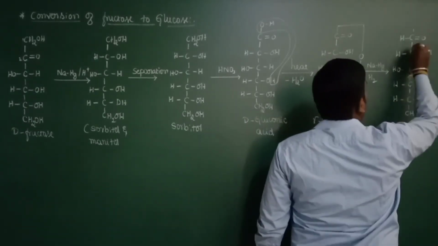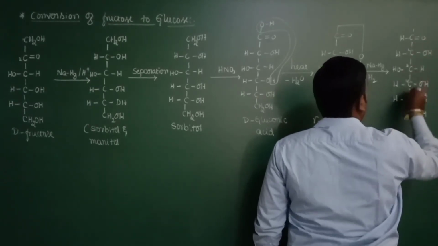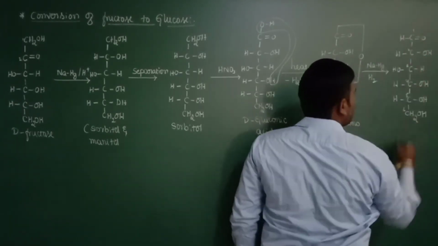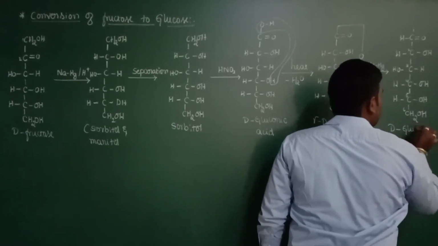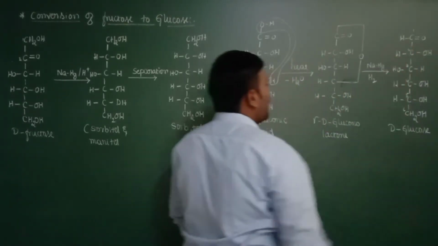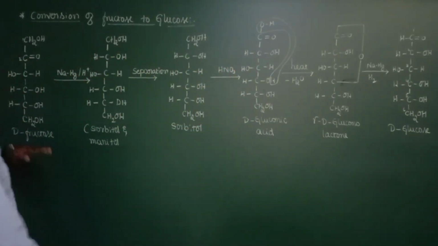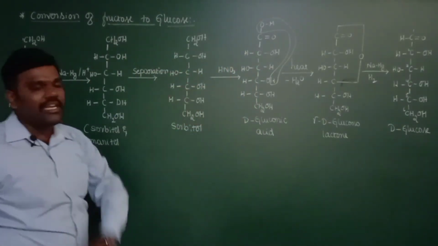So collectively we got 1, 2, 3, 4, 5, 6 carbon atoms in a straight chain, and this is the material D-glucose. And that's the simplest way of converting D-fructose into D-glucose.